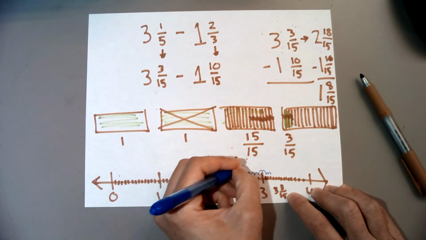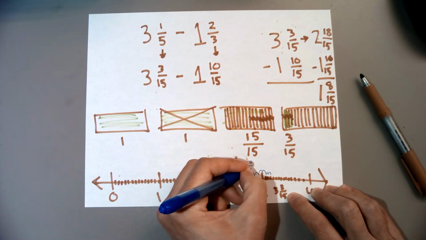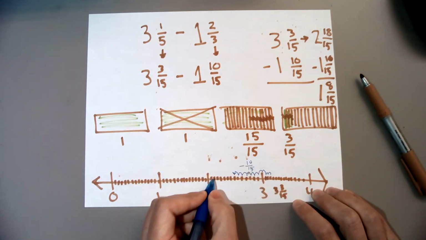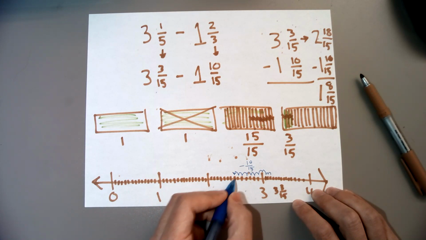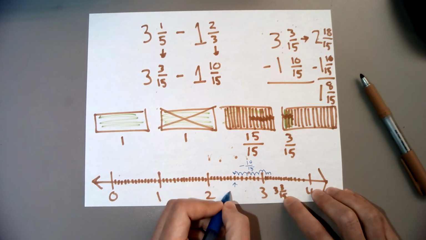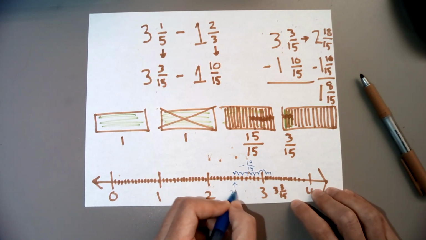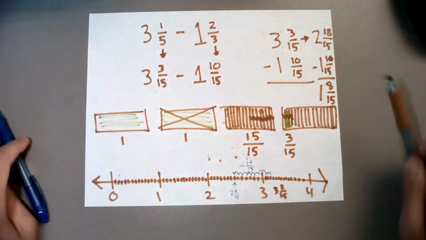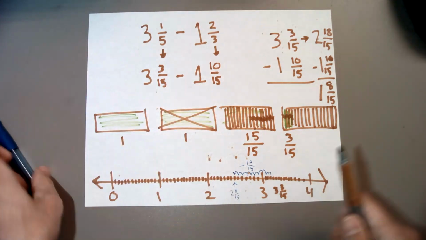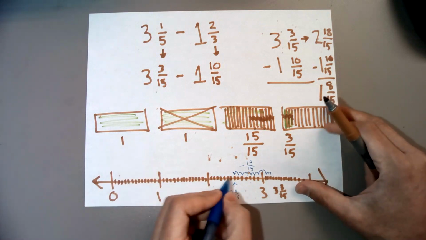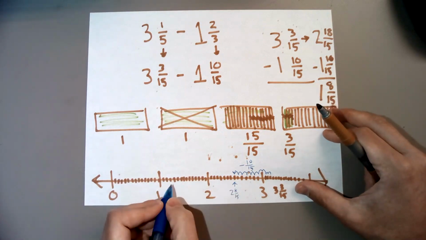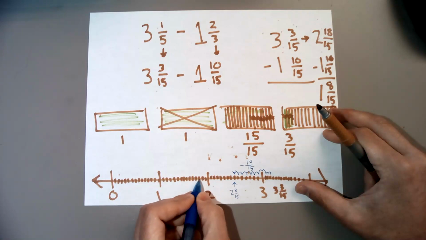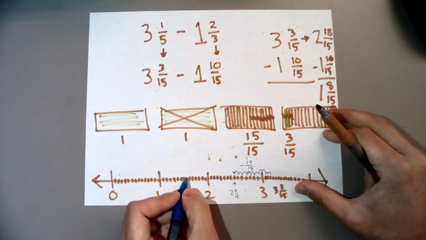So I've subtracted 10/15 here, which gets me to 2 and 1, 2, 3, 4, 5, 6, 7, 8. This is 2 and 8/15. But I also have to take away that 1 whole. So if I make a jump all the way back, 1 whole, that would be the same as 15/15, right? 1, 2, 3, 4, 5, 6, 7, 8, 9, 10, 11, 12, 13, 14, 15.